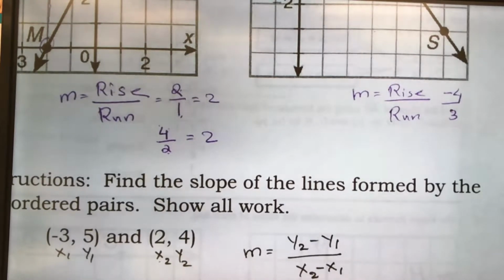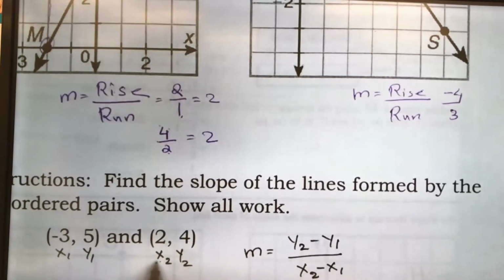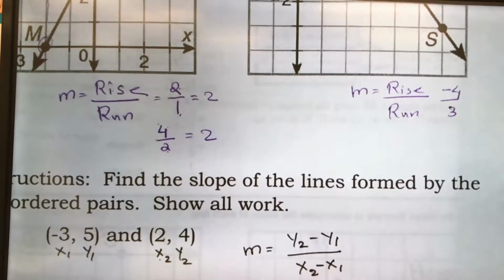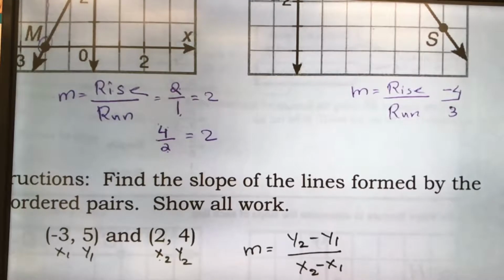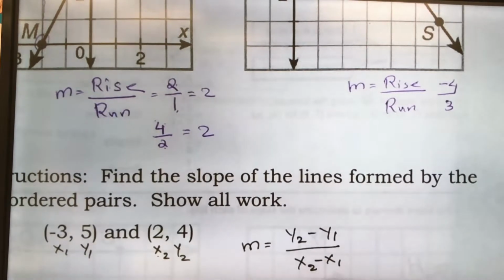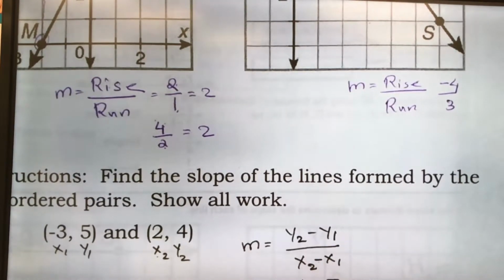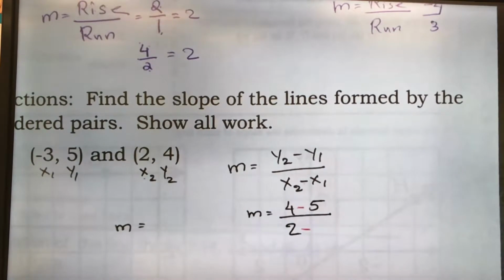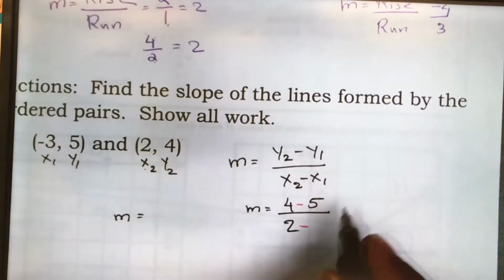Now plug in those numbers. My y2 is 4, minus my y1 is 5 (this minus is a part of the formula), over my x2 is 2, minus x1, which is -3 (this minus is also part of the formula).